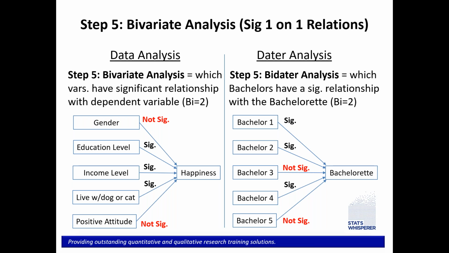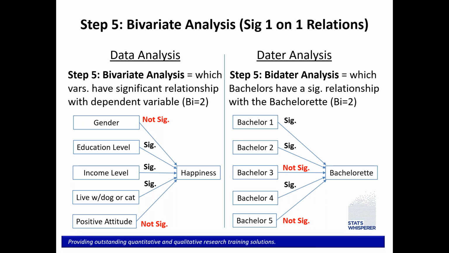Now, in the data analysis, what is she doing in that second episode, right? The first episode, they talk about themselves. The second episode, she's figuring out who does she have a significant relationship with. The Bachelorette is saying, I have a significant one-on-one relationship with Bachelor 1, Bachelor 2, and Bachelor 4, but I do not have a significant one-on-one relationship with Bachelors 3 and 5.